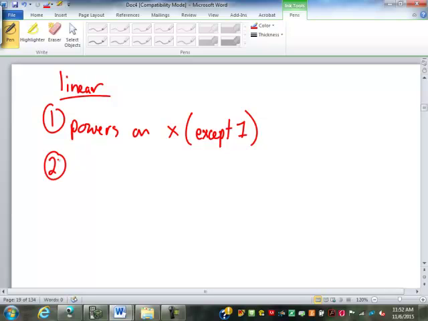The second thing that they didn't have, like for number 6 there, x is a power, 2 to the power of x. And then I believe it was number 8, where you divide by x.